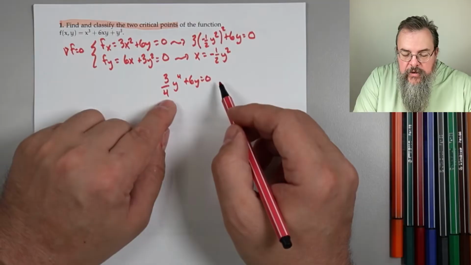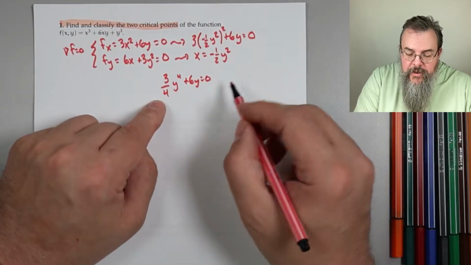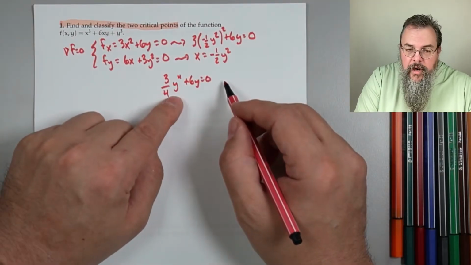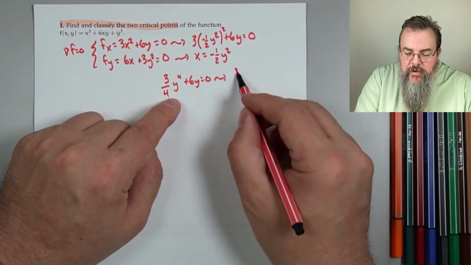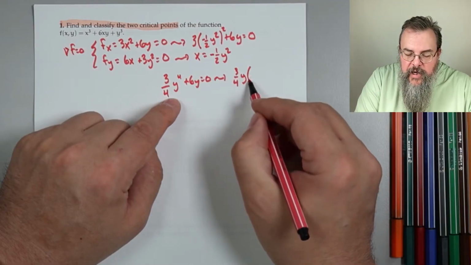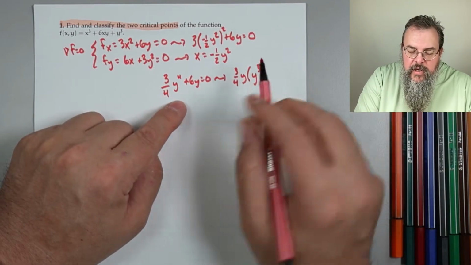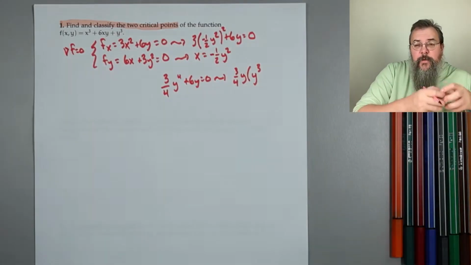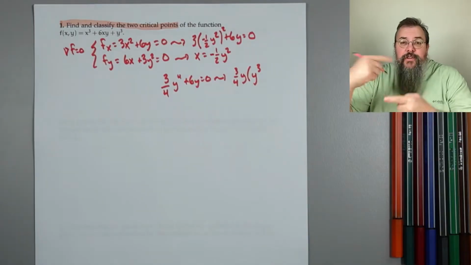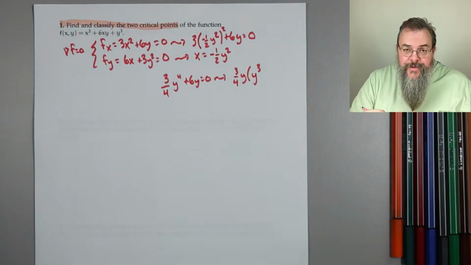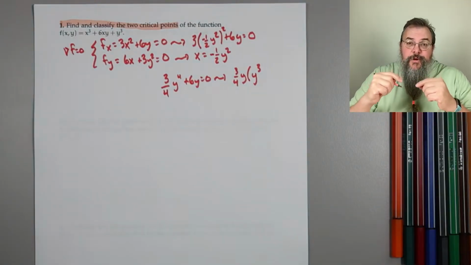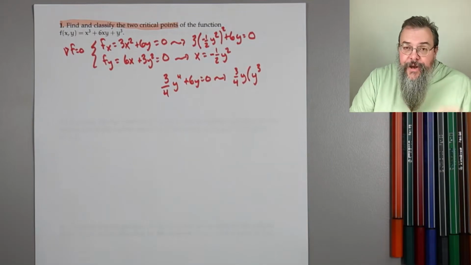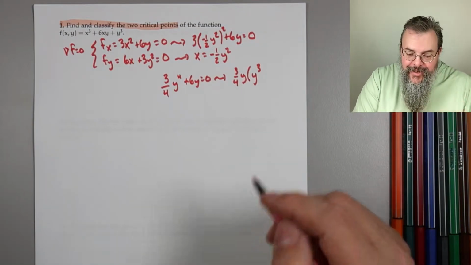You can pull out a 3/4, and you can pull out a y because both terms have a y. So that becomes 3/4 y times y cubed plus something. Pulling a 3/4 out of 6 is the same as multiplying by 4/3. 6 times 4/3, 24 over 3, also known as 8.